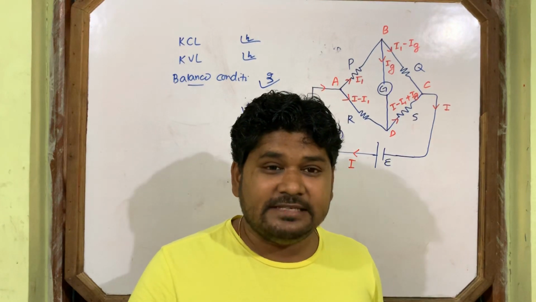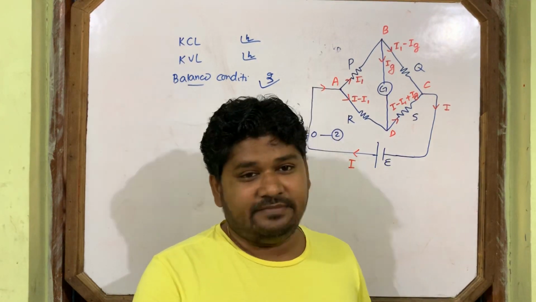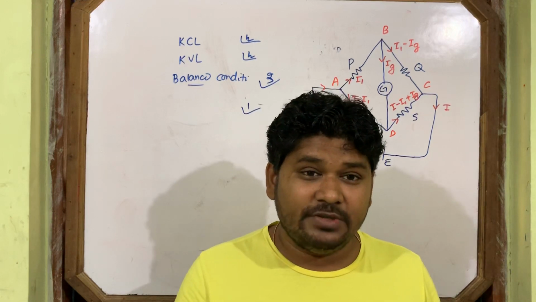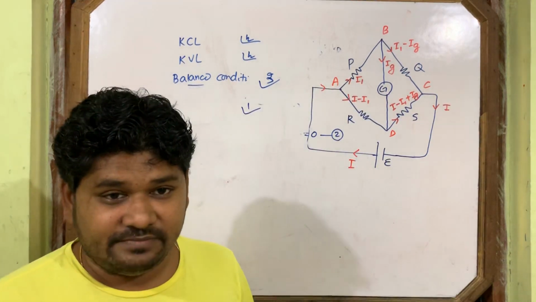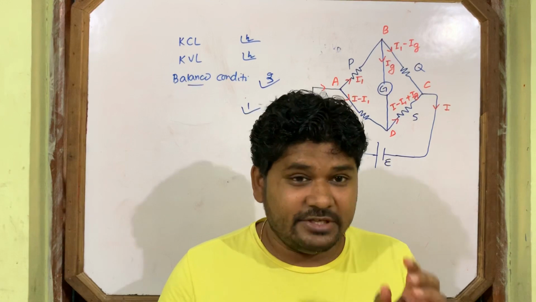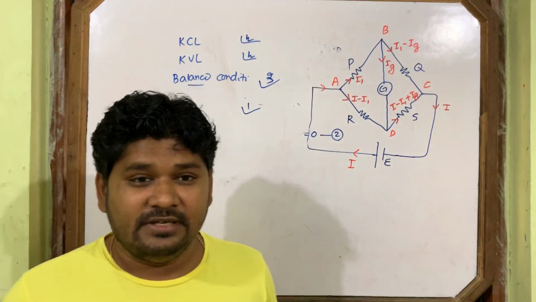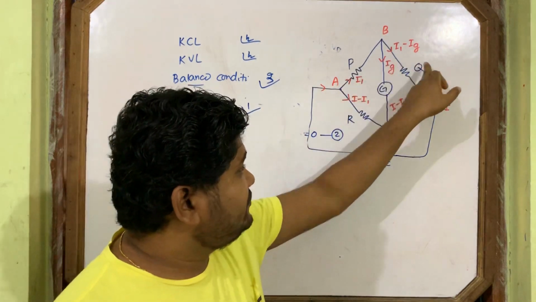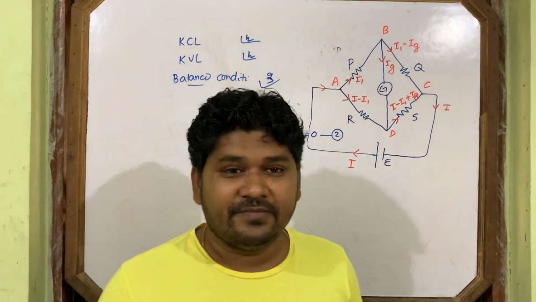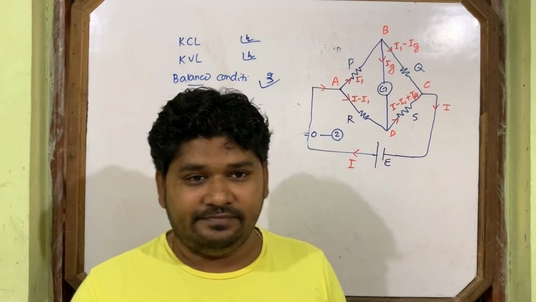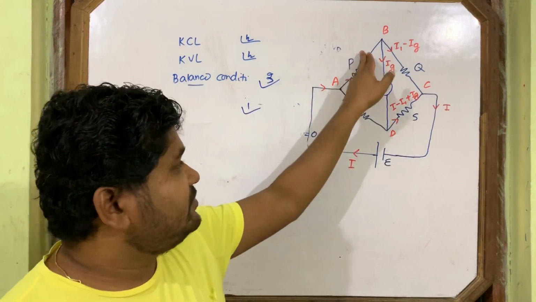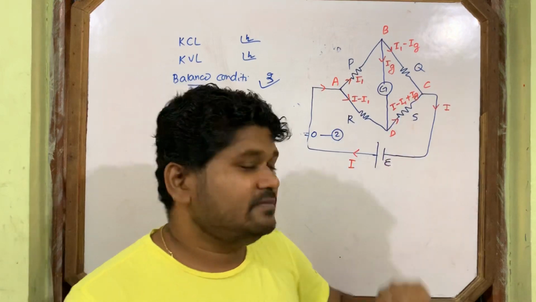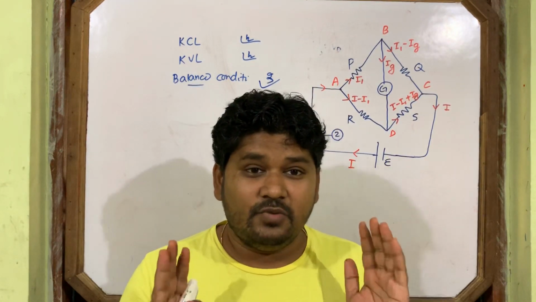When is the Wheatstone bridge said to be most sensitive? Remember, most sensitive gives you accurate measurement. It is said to be most sensitive if all the 4 resistances are equal: 5 ohm, 5 ohm, 5 ohm, 5 ohm, that is called most sensitive.